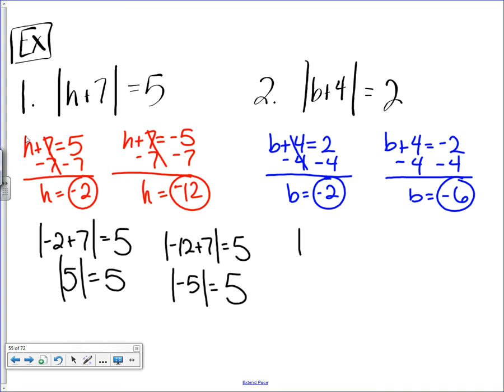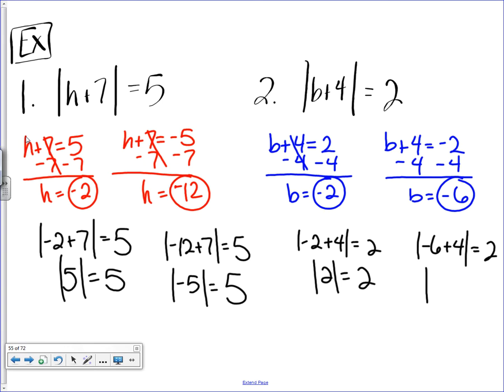On the left-hand side, it would look like this. And in my right-hand equation, it would look like that. Negative 2 plus 4 is 2, and the absolute value of 2 is 2. Negative 6 plus 4 is negative 2, and the absolute value of negative 2 is 2. So both of those do work.